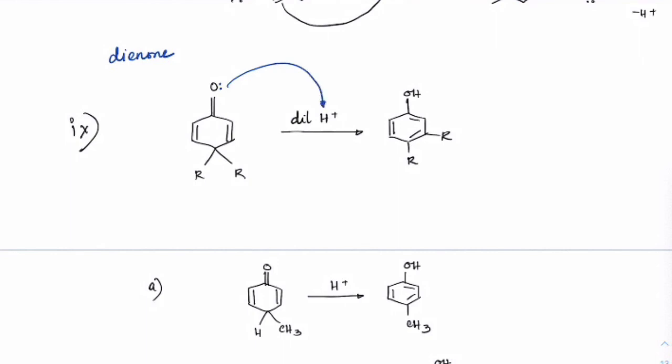As soon as it takes, this pi will shift here, and as soon as that shift happens, there would be migration. So one of the R will get migrated so that its aromaticity is retained. Okay, so this is dienone rearrangement.